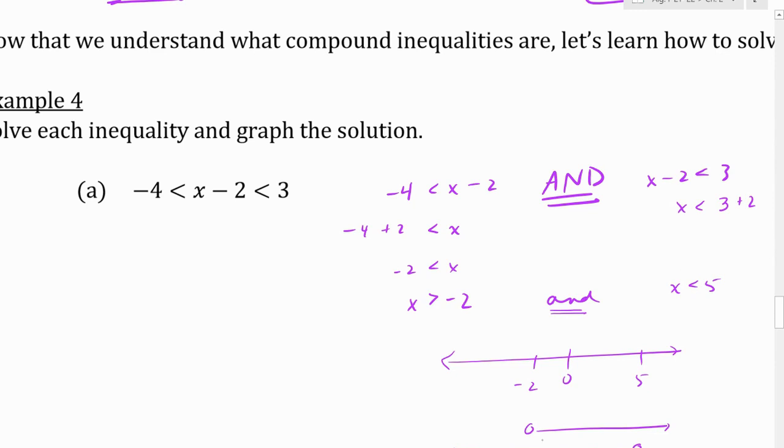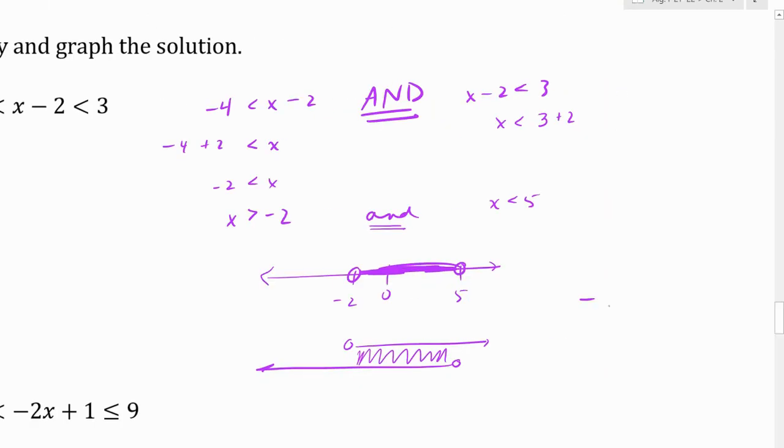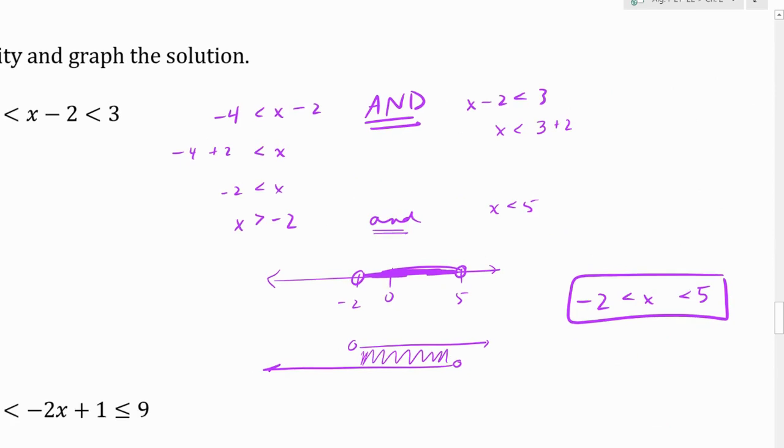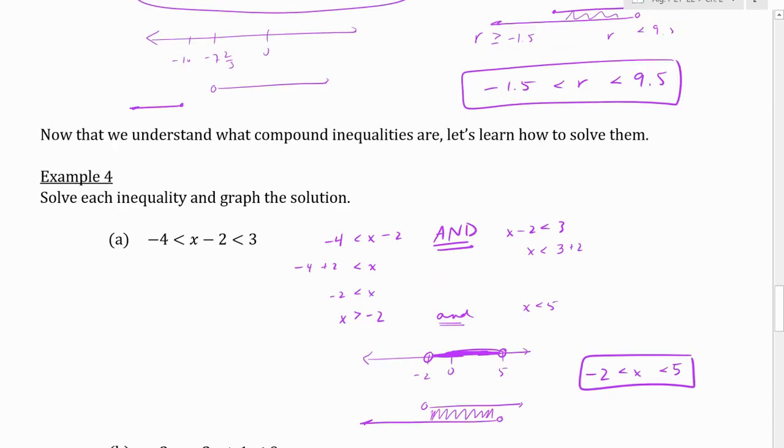The word and is in between them because both of them are happening at the same time. The numbers in between negative 2 and 5 are the numbers that make that true. So the answer to this is just anything between negative 2 and 5. Okay. So you can just convert that to use the word and go that way.